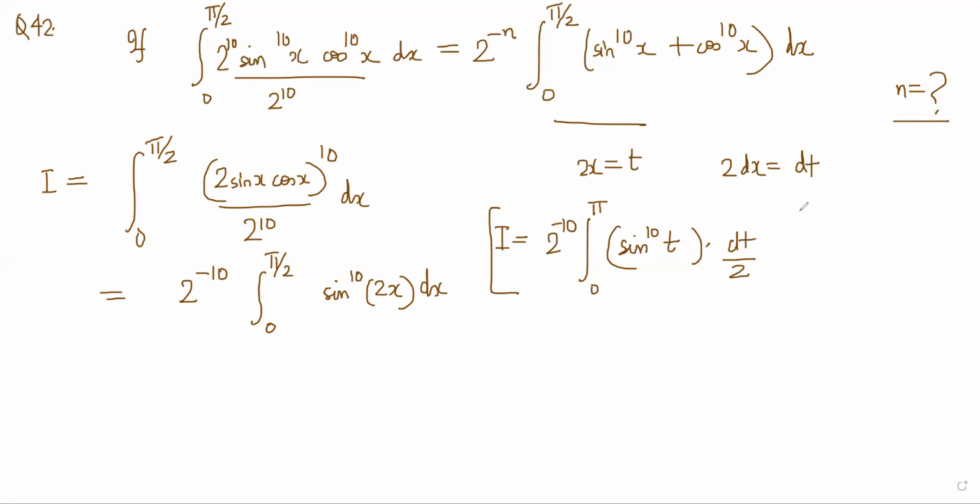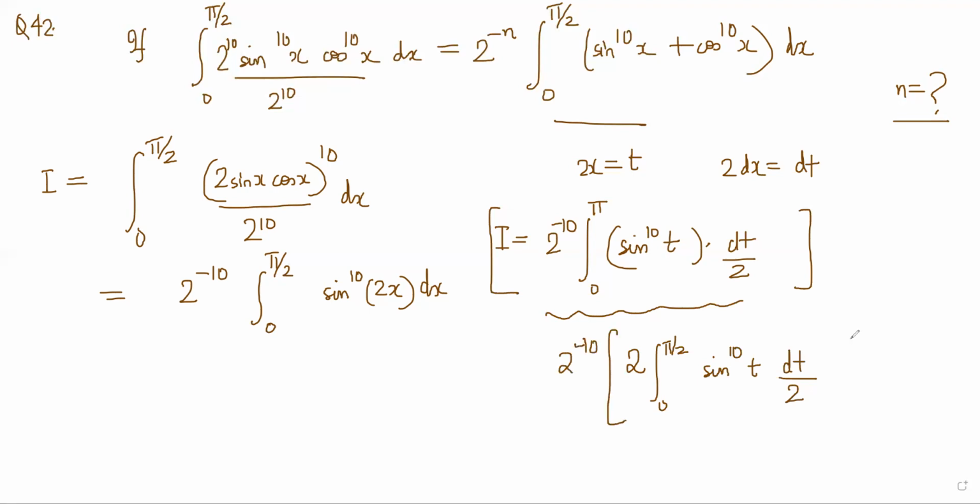Basically I have changed the variable here, right? This is my I. Now, this we know is equal to twice the integral from 0 to pi by 2 of sine power 10t dt by 2, and 2 power minus 10 is outside. Why?